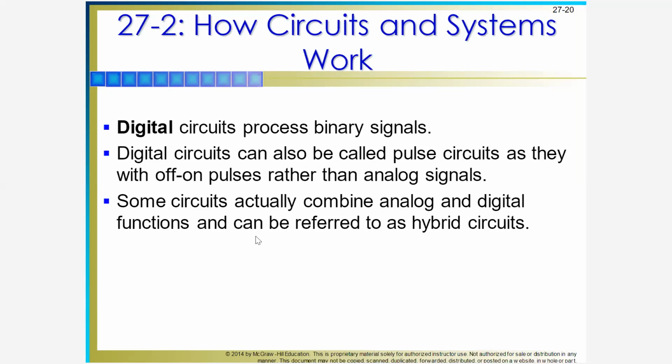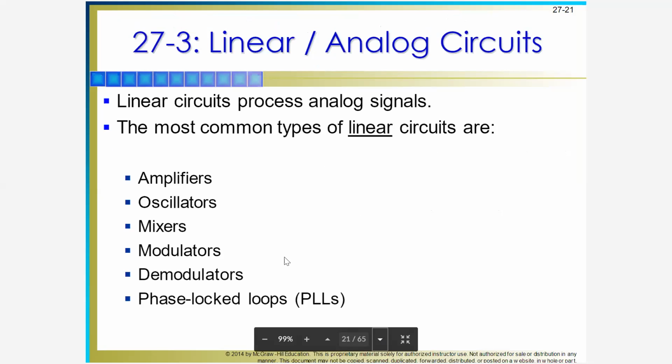Okay, we have next. Linear circuits process analog signals. Okay, these are the common types of linear circuits. As electronics engineering or computer engineering students, you should be familiarized with these types of linear circuits.